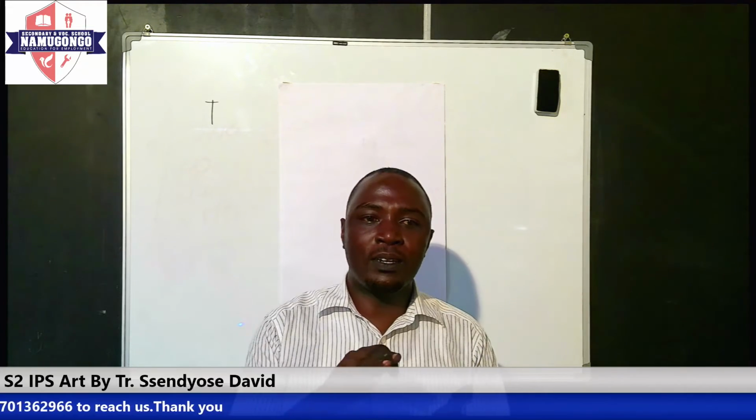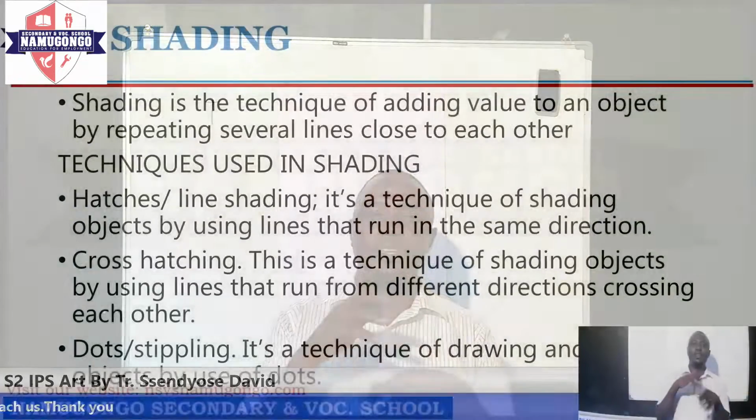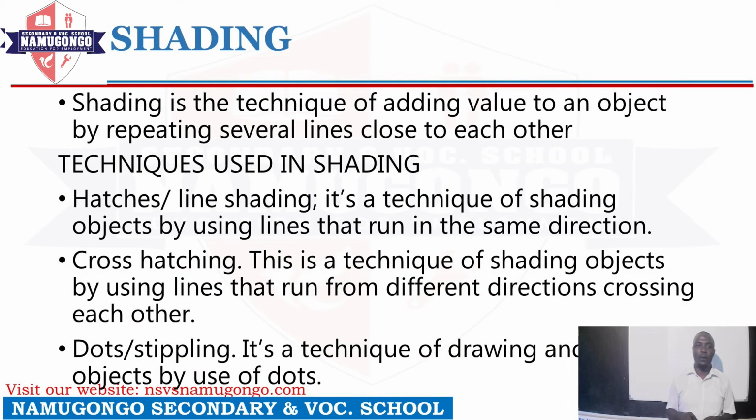Then, having looked at the first one, and that is the hatches, I want us to proceed to the second one, and that is cross hatching, or we can call it cross hatches. This is the technique of shading objects by using lines that run from different directions across each other.